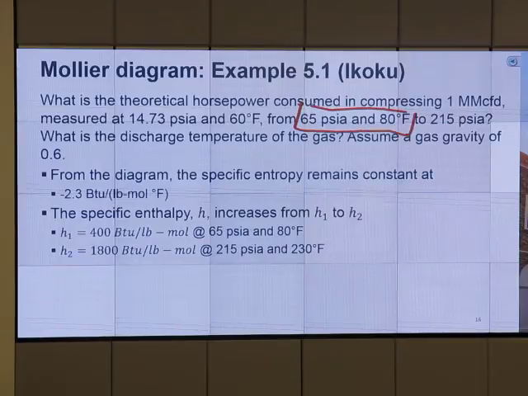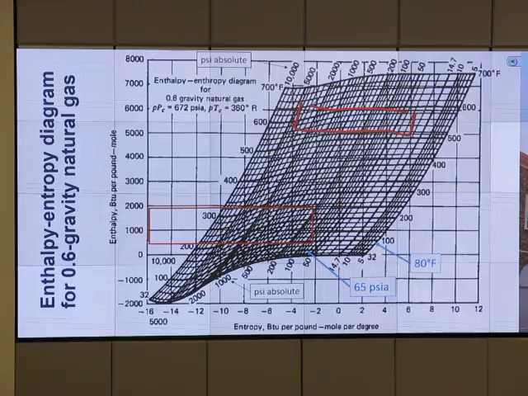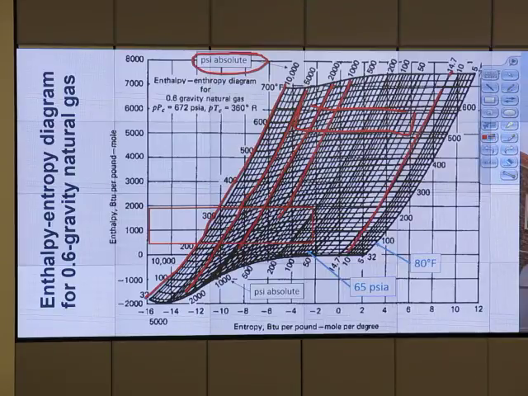Let's move to this one. This is pressure in psia, absolute pressure. The 10,000 line is that one, then 5,000, 2,000, 1,000, and 14.7 is that line. Now let's take a look at temperature.